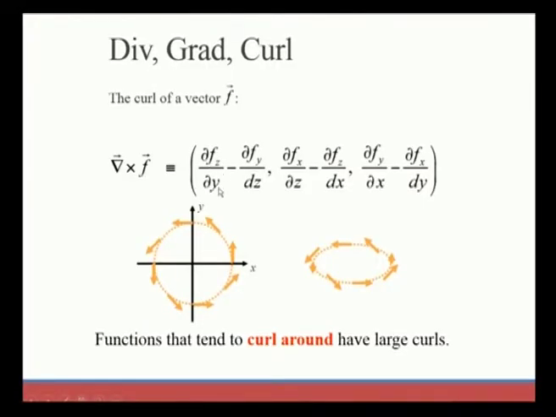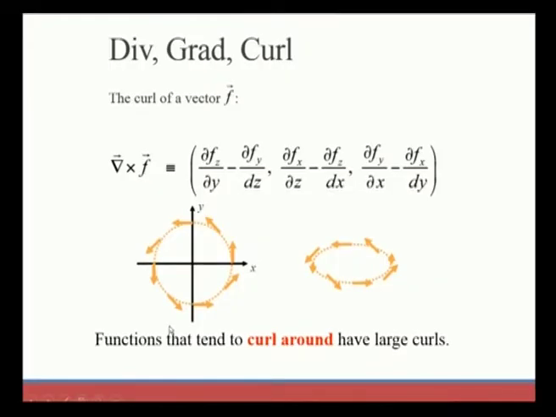Here we consider the y coordinate and here it is a derivative with respect to z, and here we represent the function f with the z coordinate, and ∂fz is differentiated with respect to x, and the function fy, which we are considering with the x coordinate, has minus of fx, which is again differentiated with respect to y. So, this is the curl vector, which is a combination of divergence and gradient.